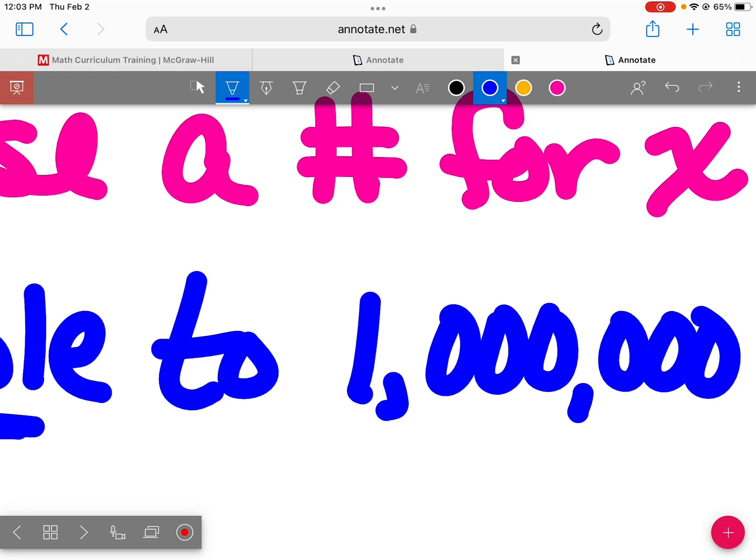You're plugging numbers in for x, yes. Can the numbers be decimal? Yes, they can. So you can't get over 1 million? I want you to get as close as possible to 1 million. If you go a little bit over, but it's still really close, I want to know what you put in for x to get there.